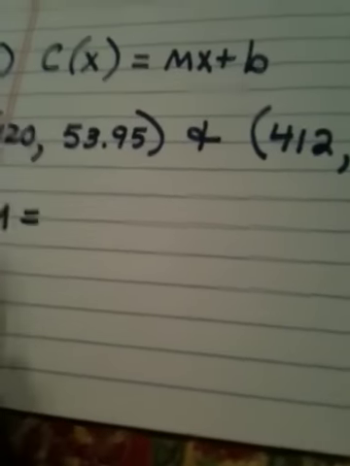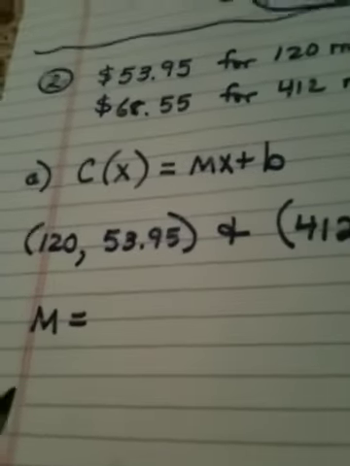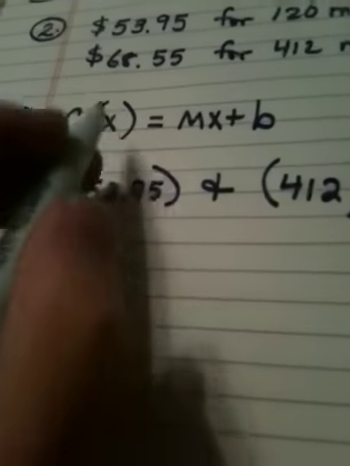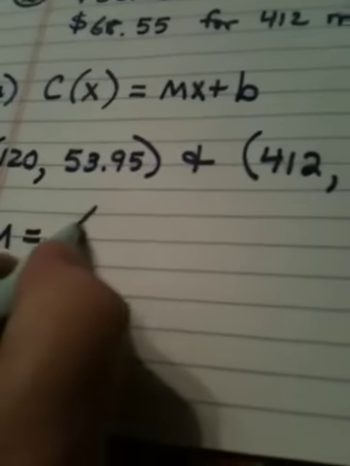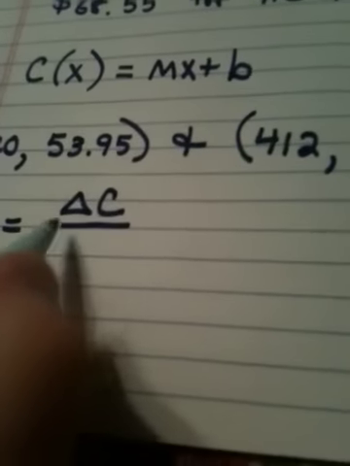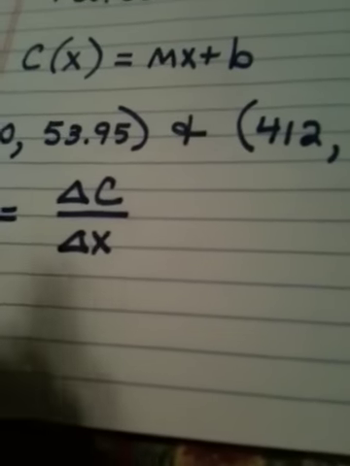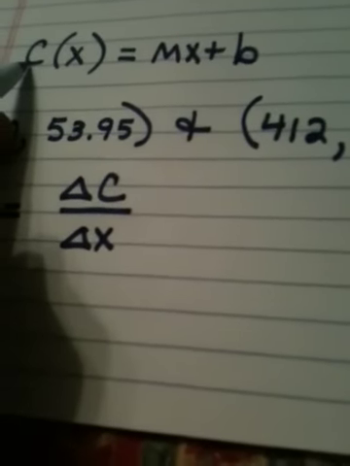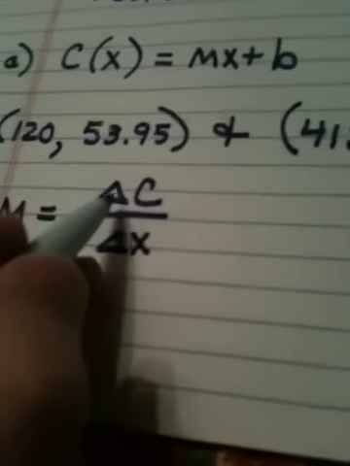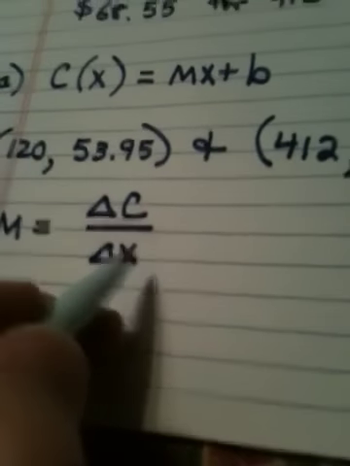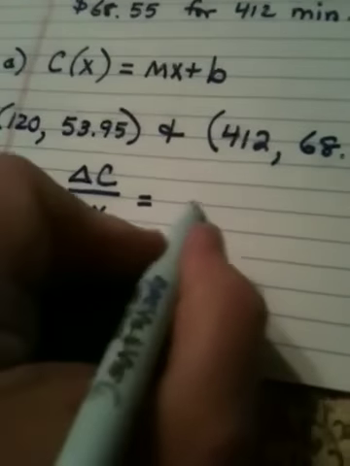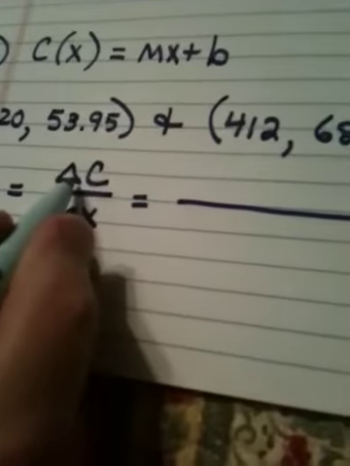Now we know how to find slope. Normally we say, the change in y over the change in x. But here, I'm going to say the change in cost over the change in x, because I specifically know what my y value is. It's cost. So it's change in cost divided by the change in x. To find the change in cost, we subtract.